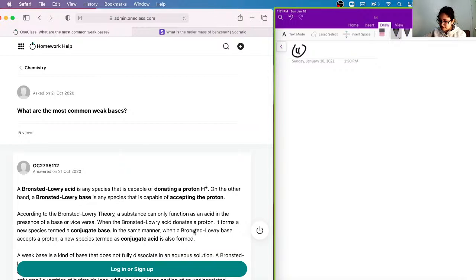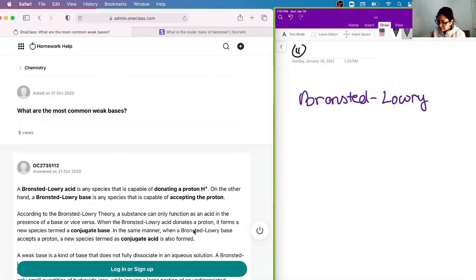Bronsted-Lowry acids are basically any species that's capable of donating protons or your H plus ions. On the other hand, a Bronsted-Lowry base is a species that's capable of accepting that proton.